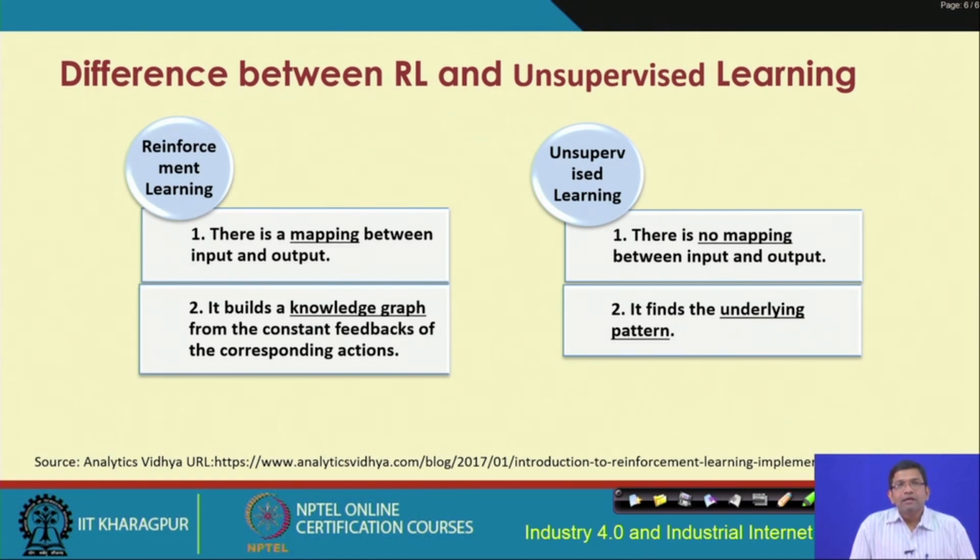In reinforcement learning, the agent builds a knowledge graph from the constant feedback of the corresponding actions, whereas in unsupervised learning it is different. It tries to uncover the underlying pattern. That is the difference between reinforcement learning and unsupervised learning.